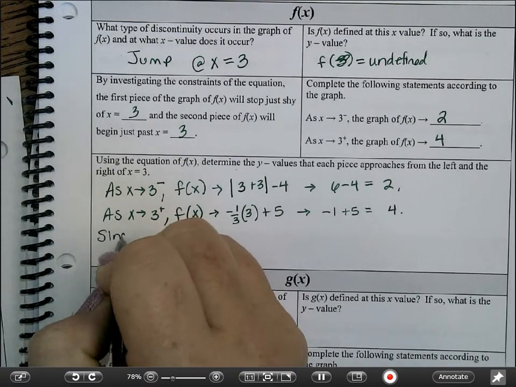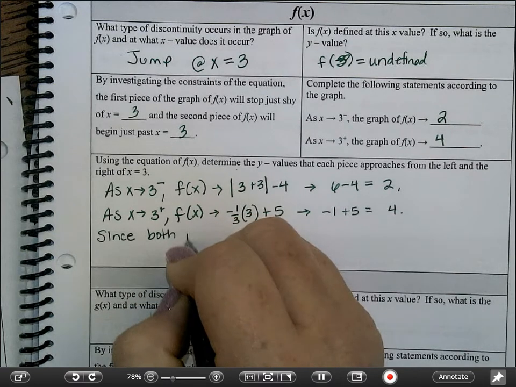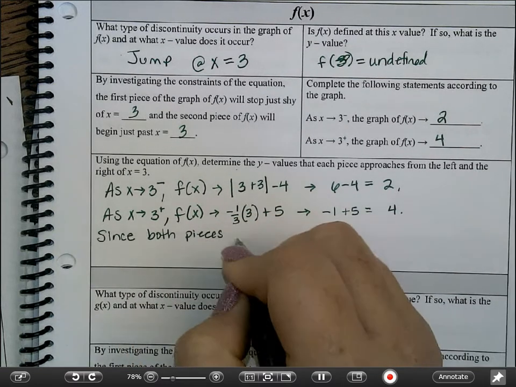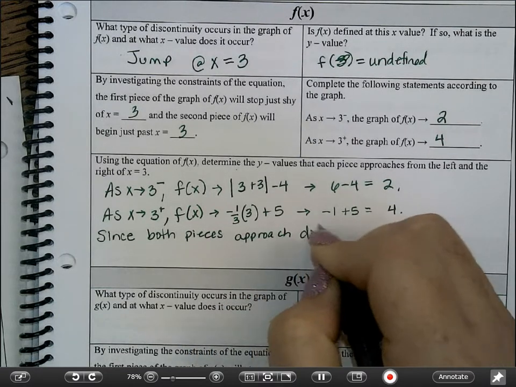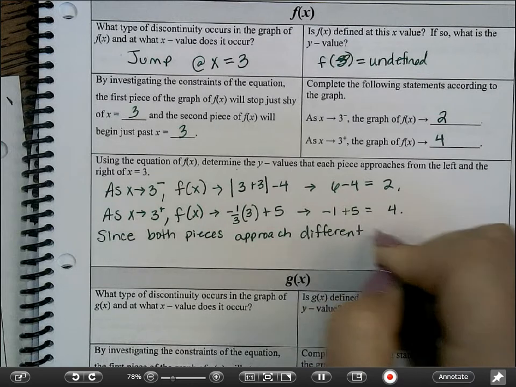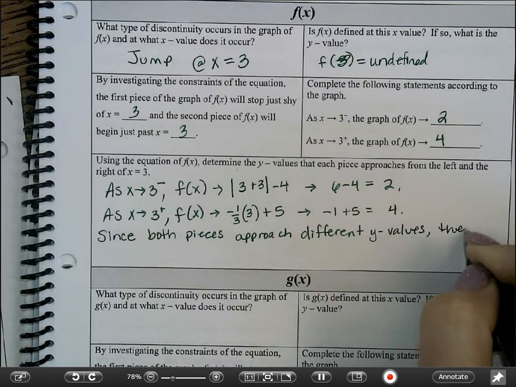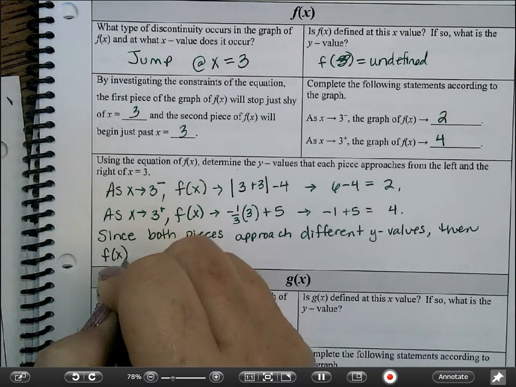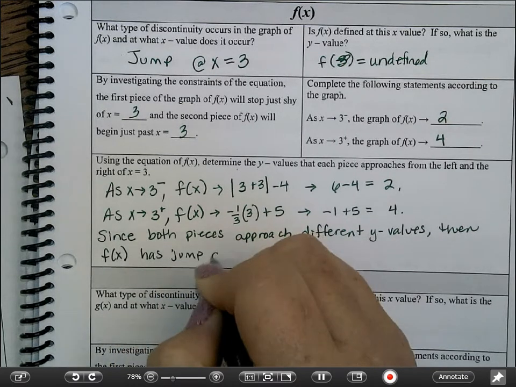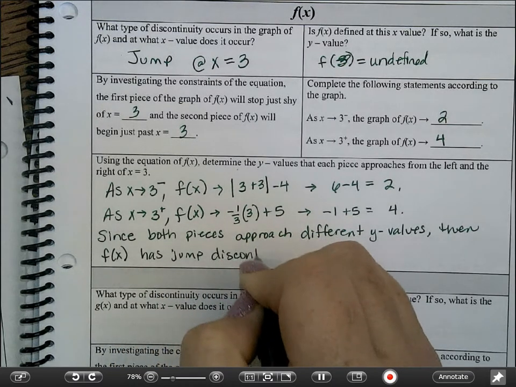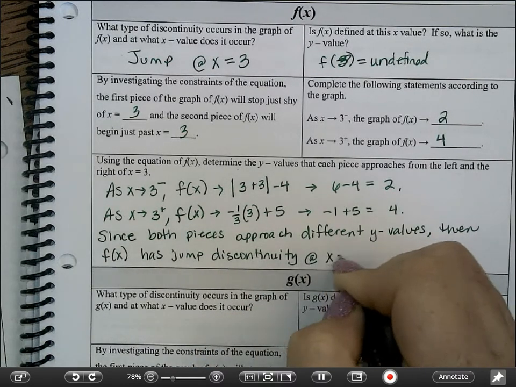Since, this is the analysis part, since both pieces approach different y values, then f of x has a jump discontinuity at x equals 3.